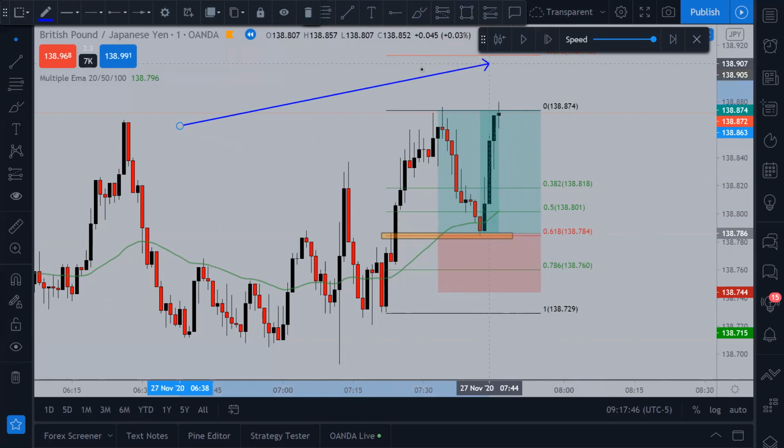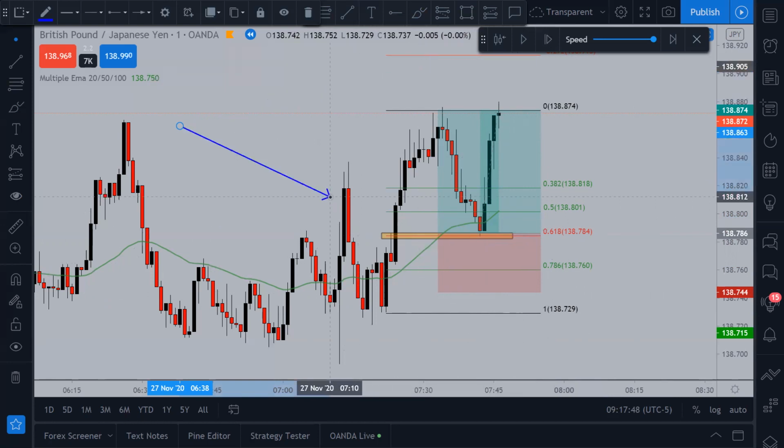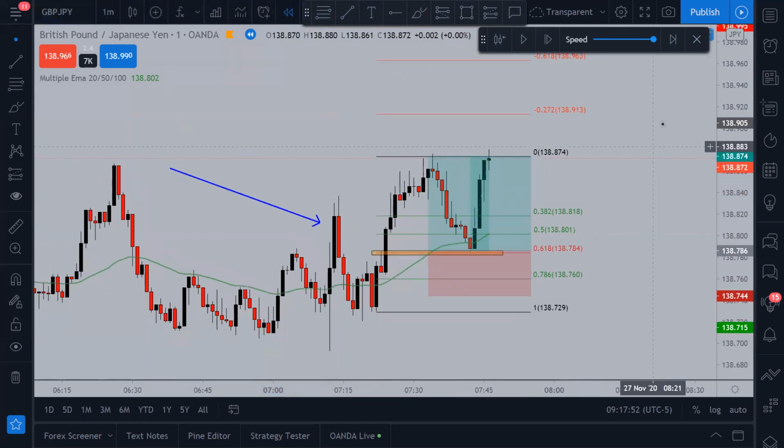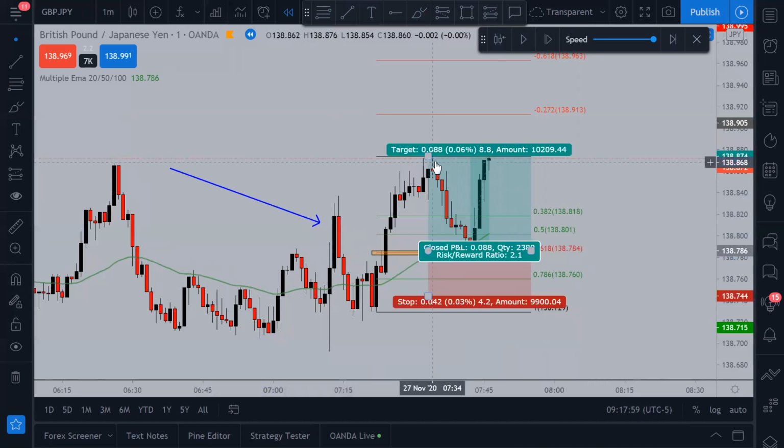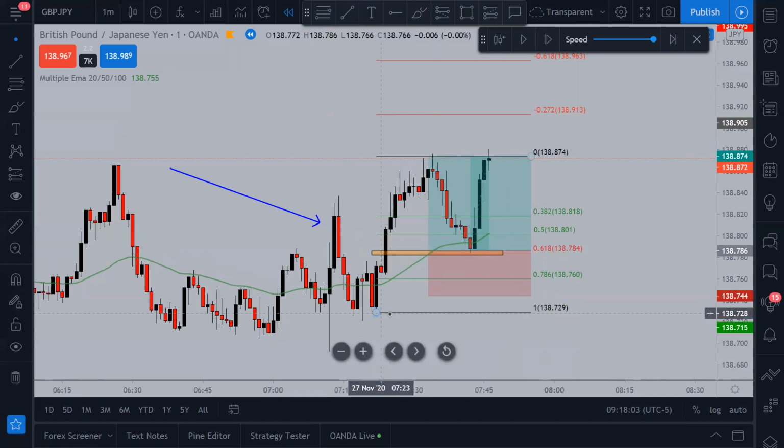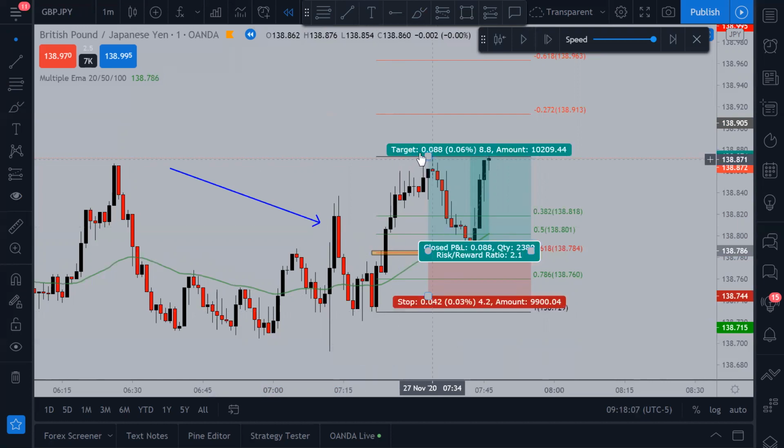Knowing how to work with the Fibonacci extensions is a different lesson. But quickly, if you want to find out where price will retrace to, you take your Fibonacci and anchor it at the beginning of the move to the end of the move, and you'll see what the correction will be.